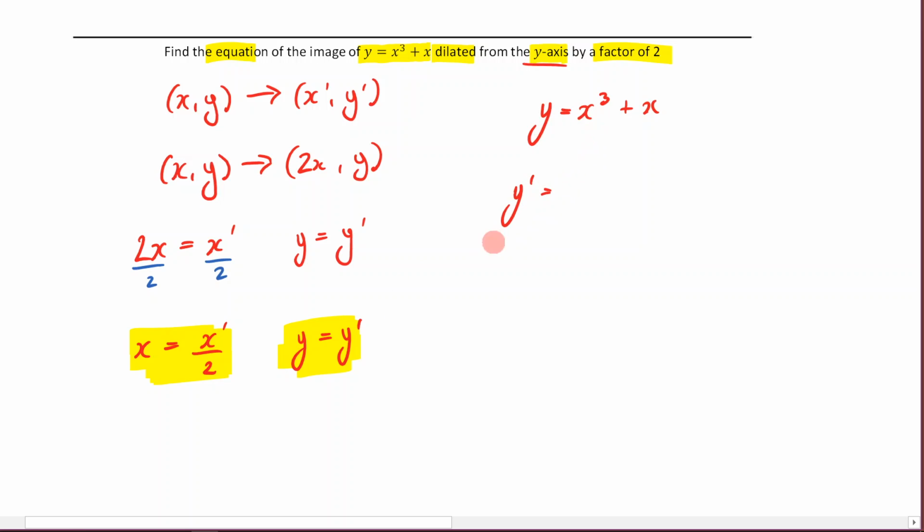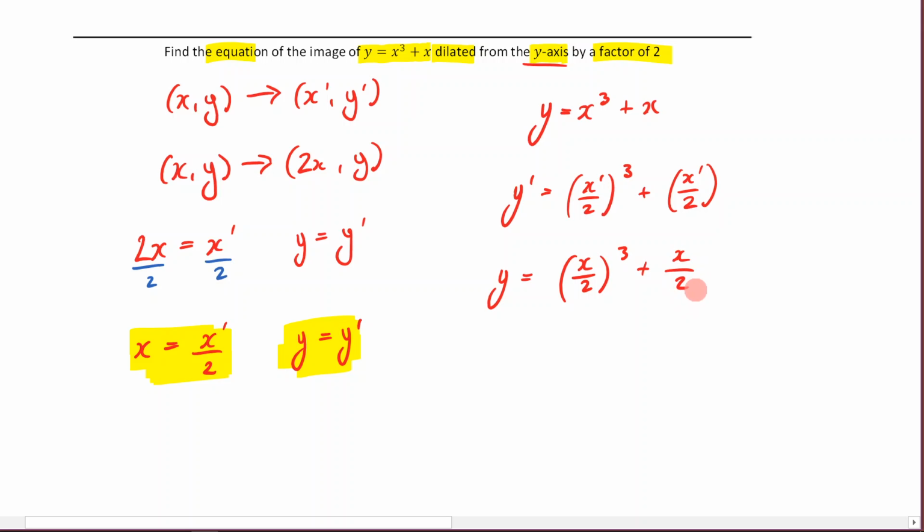And into my x spot, I'm going to put x dash over 2. So x dash over 2 cubed plus x dash over 2. Now, it's already solved for y, so I just have to drop the dashes. It's going to be y is equal to x over 2 cubed plus x over 2.